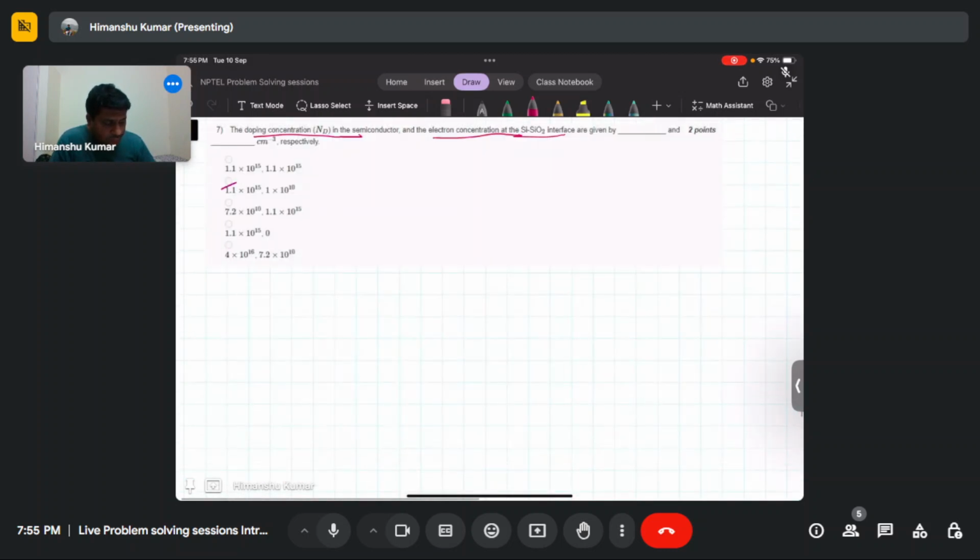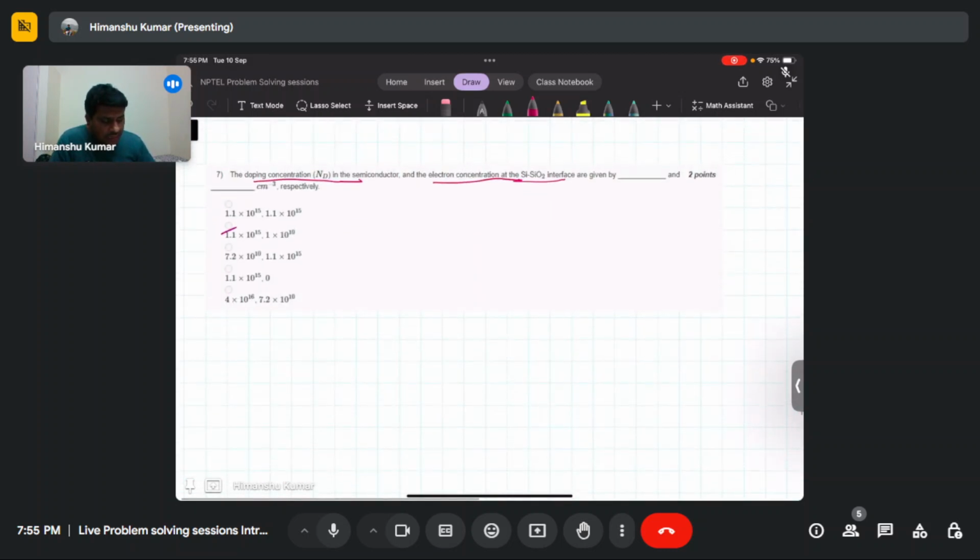So the correct option, if you calculate: this n you basically calculated by ni exponential of ef minus ei by kt, and that n will be roughly equal to nd, the same as the doping concentration in this case.